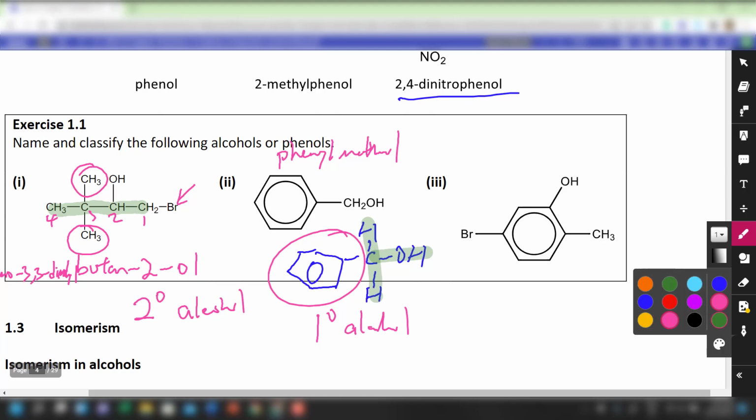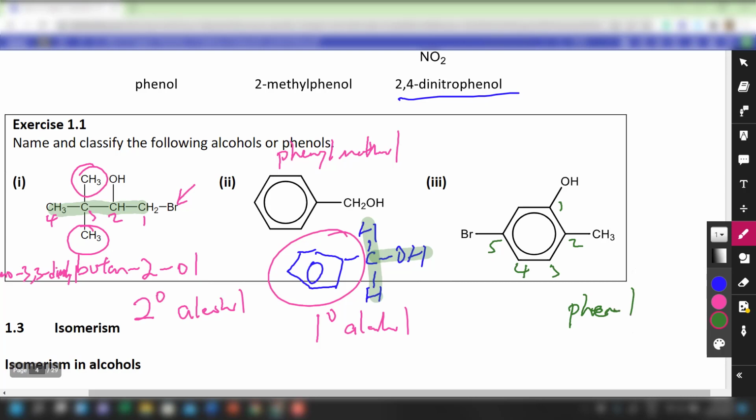So this is a pretty clear-cut phenol because the OH group is directly bonded to the benzene ring. So this particular carbon is number 1, and then 2, 3, 4, and 5. In this case, we will take phenol to be the parent, so it's something phenol.